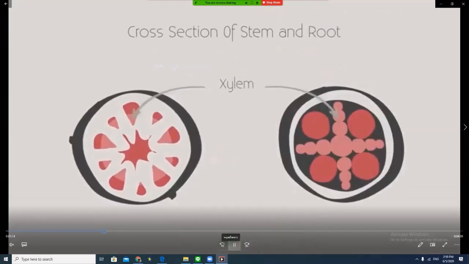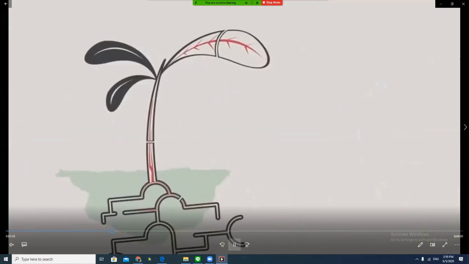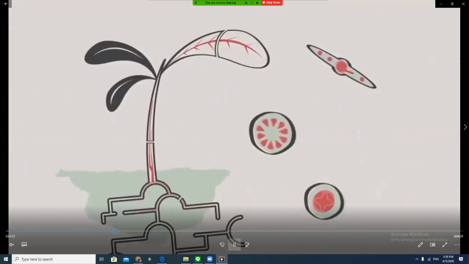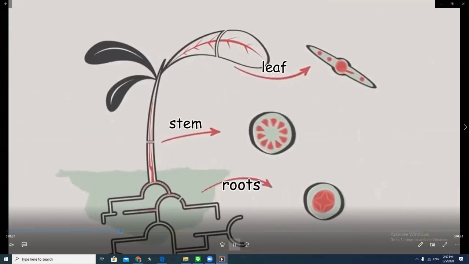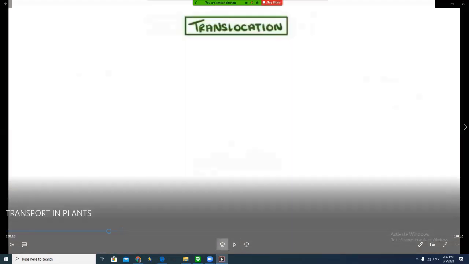This is how a xylem and a phloem look like in a stem and in a root. They are called vascular bundles in the leaf, in the stem, in the roots.